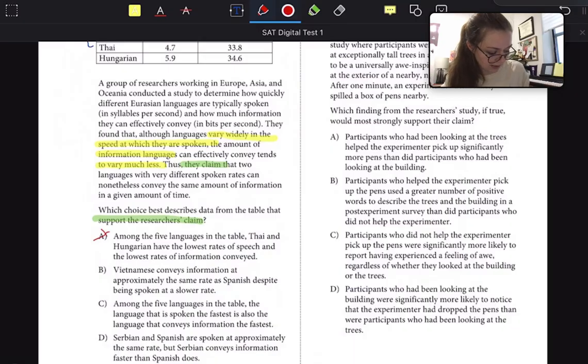All right, let's look at the second one. Vietnamese conveys information at approximately the same rate as Spanish, despite being spoken at a lower rate, or at a slower rate. Let's take a look. Again, this is 2 pieces of information that we're trying to either prove or disprove. So Vietnamese conveys information at approximately the same rate as Spanish.